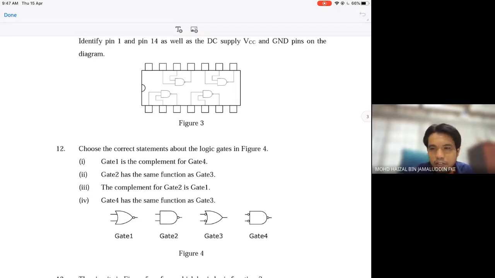Test 1 is up to the KMAP, until chapter 4, up to next week's syllabus.